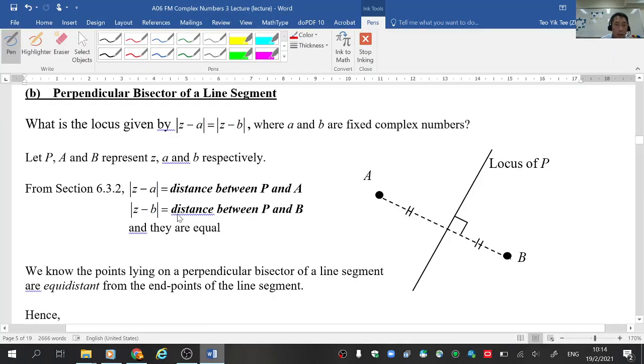Okay, the next standard locus that's in your syllabus will be what we call the perpendicular bisector.